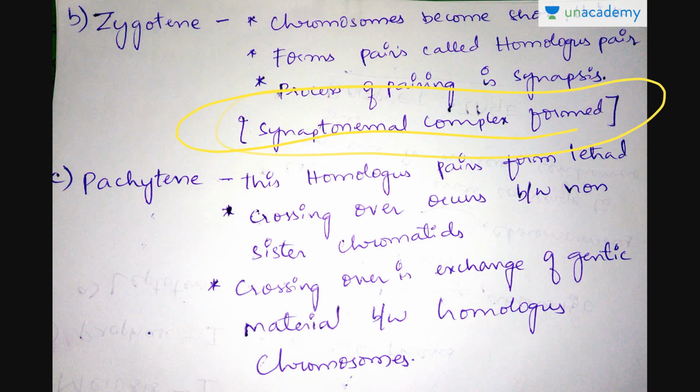The next stage is called pachytene. These homologous pairs form tetrads. After formation of tetrads, a process called crossing over occurs. Crossing over only occurs between non-sister chromatids.